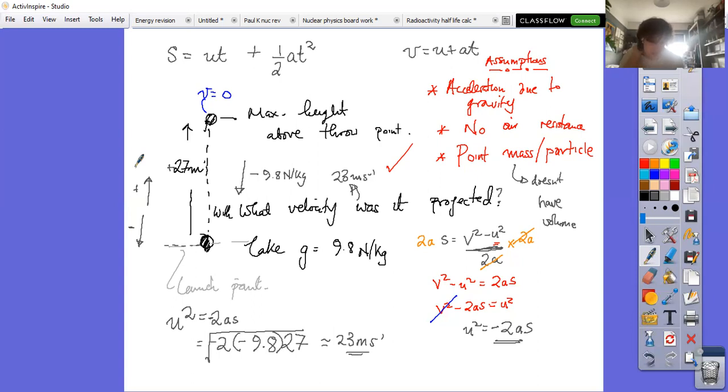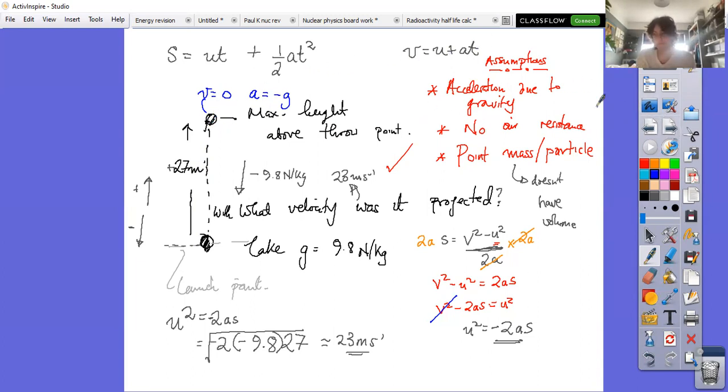You're absolutely right. Acceleration is constant. Acceleration is still minus g. At no point in time of this ball's path does the acceleration change to less or greater. It always is at minus g, no matter at which point it is. So you're absolutely right. Well done.